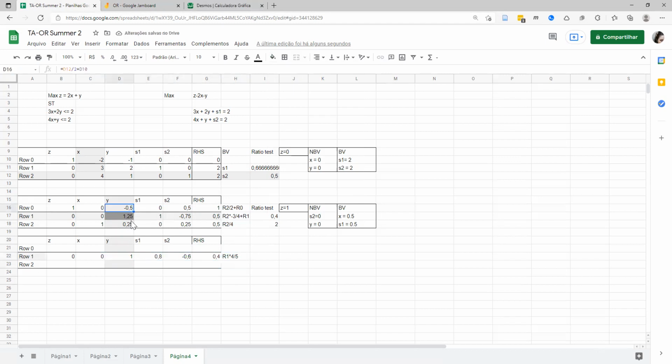Okay, now for this one, we'll have R1 multiplied by 4/10 or 2/5 plus the R0. Let's see if it's going to work. I have this value here multiplied by 4/10 plus the R0, and it's 0.